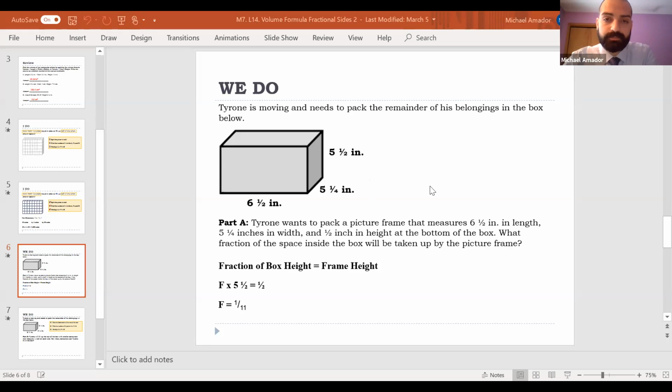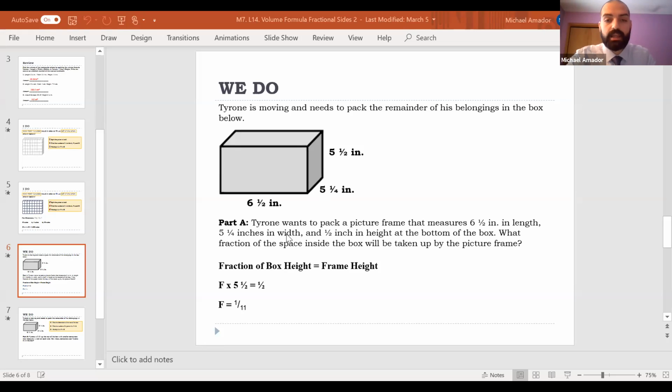Tyrone is moving, and he needs to pack the remainder of his belongings in the box below. So we've got a picture of a box. It has dimensions of 6 1/2 inches in length, 5 1/4 inches in depth, which you might call width, and 5 1/2 inches in height.